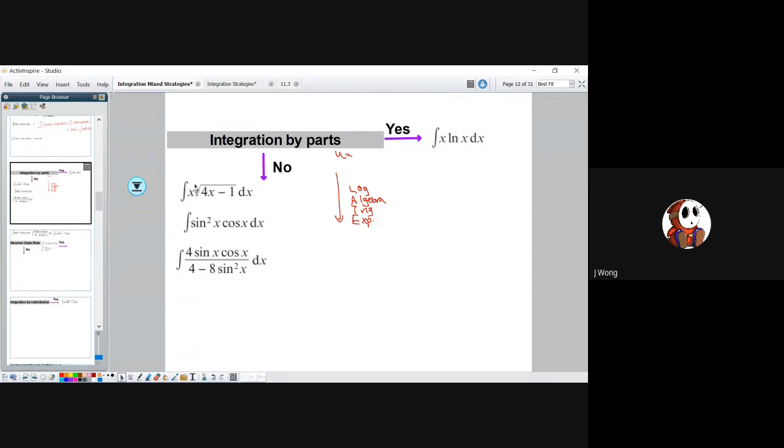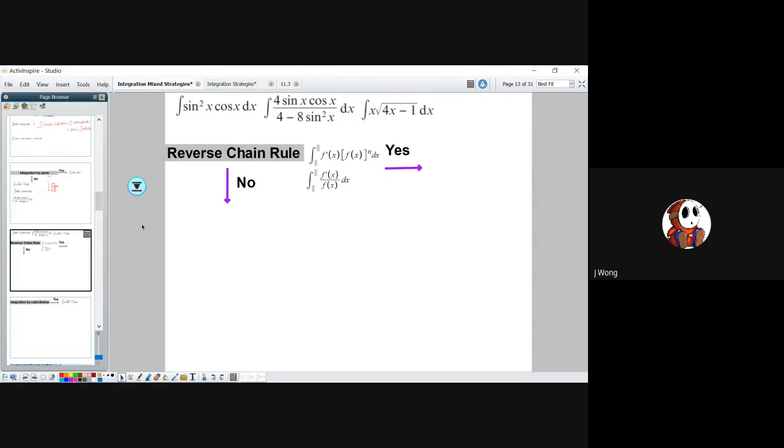We are left with 3 integrals, where you could use either reverse chain rule or integration by substitution. In reverse chain rule, there are 2 different formats, where the component consists of f dash of x and f of x, whereas one is in fraction form and one is in product form.